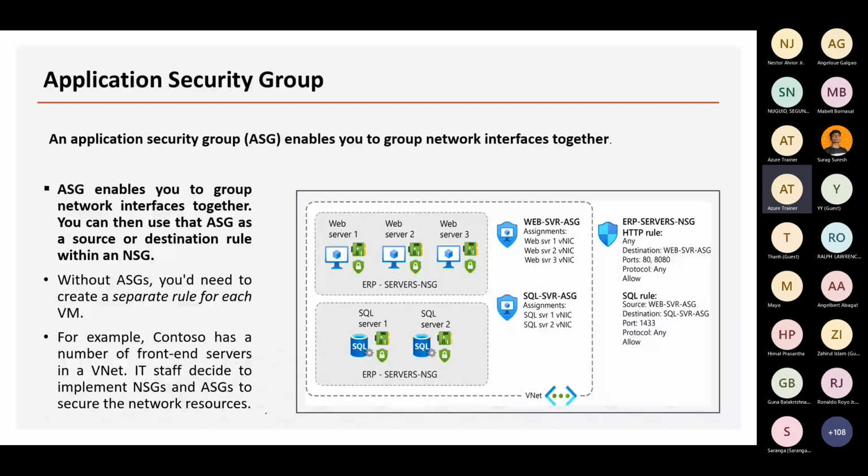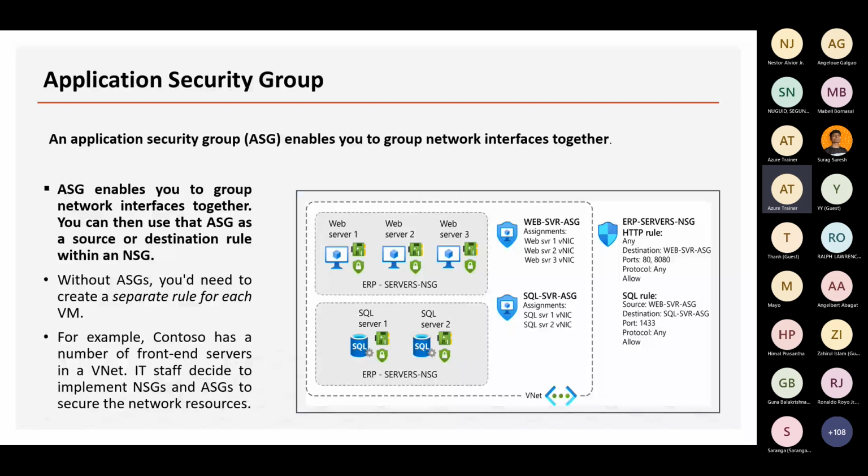There is a concept available called application security group as well. Right now you may have observed that when you create a rule on the NSG, we used to create it either at the VNIC level or at the subnet level.